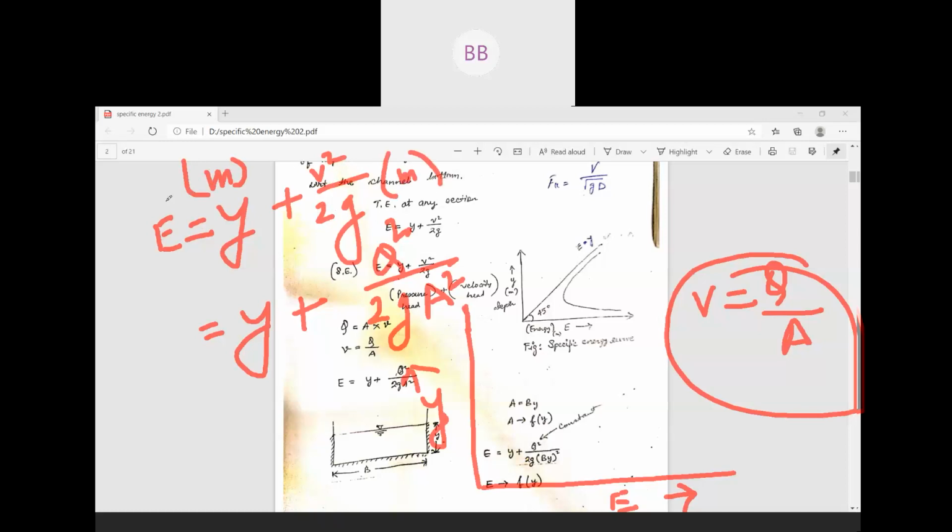So the unit for specific energy is nothing but meter. For the graph we are going to draw, both units are the same: the depth of flow will be in meter and the specific energy will also be in meter. Then we consider drawing a straight line at 45 degrees.